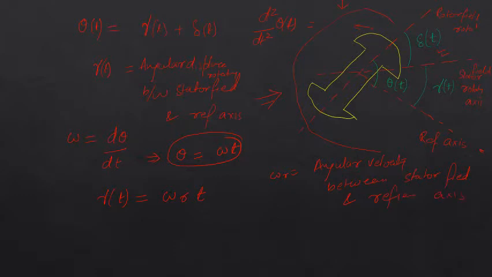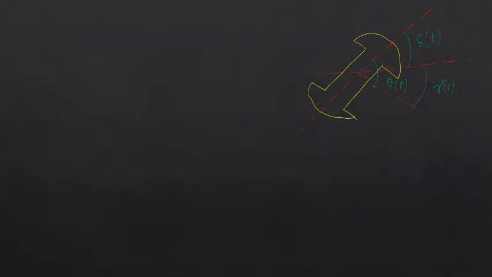So gamma t is omega r into t. Now, what will theta t be? Theta t will be delta t plus gamma t, and gamma t was omega r into t.